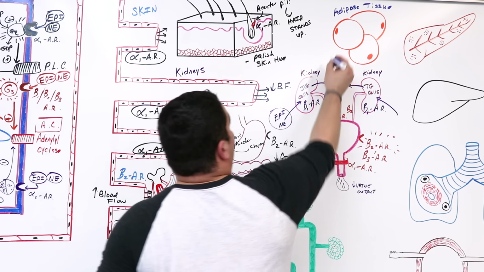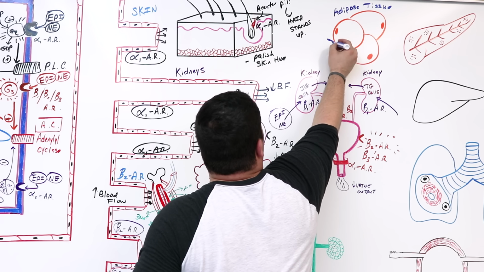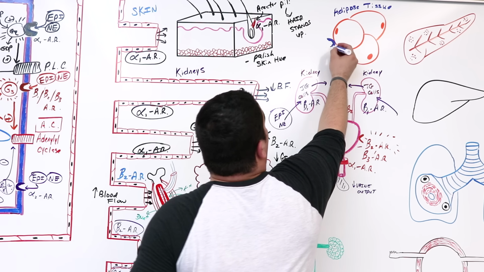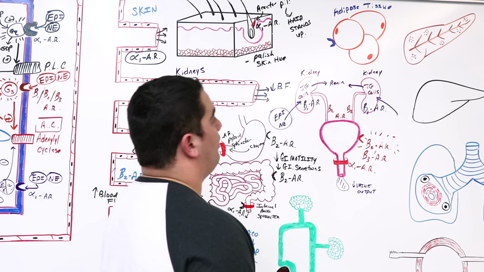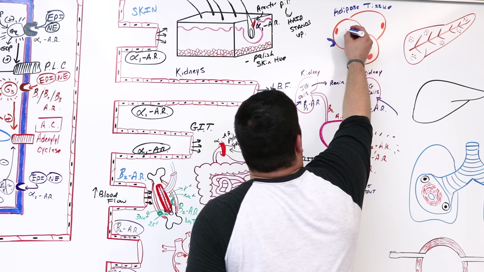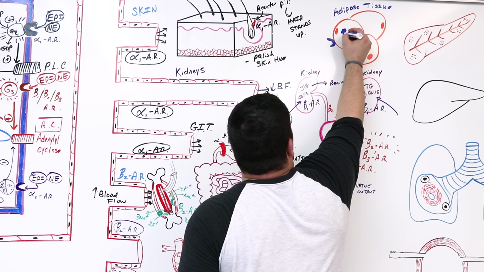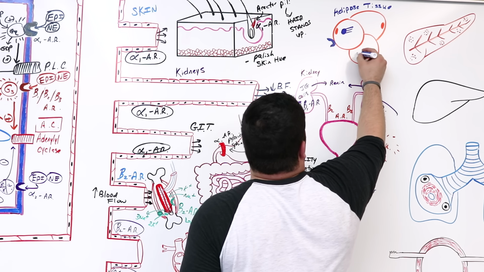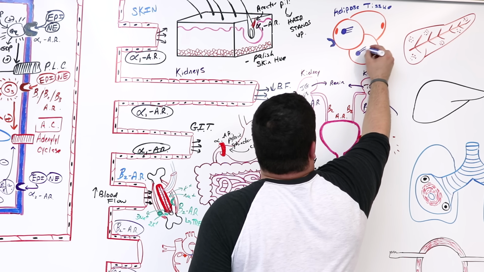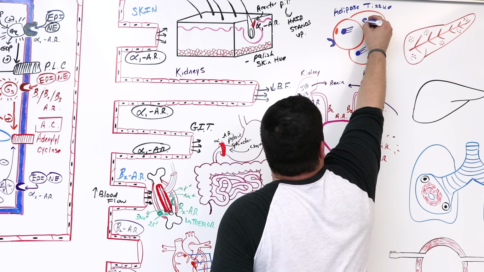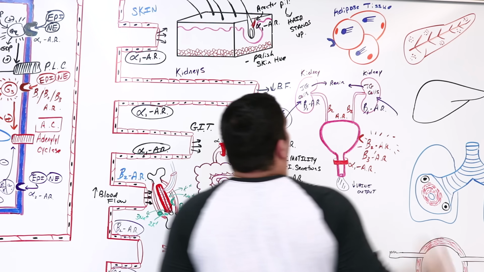And what happens is there should be receptors here which are going to respond to the epinephrine and norepinephrine and break down. Look, here's our glycerol, here's our fatty acids. We've drawn this in many, many diagrams before. This is the glycerol and the fatty acid, glycerol and the fatty acid.